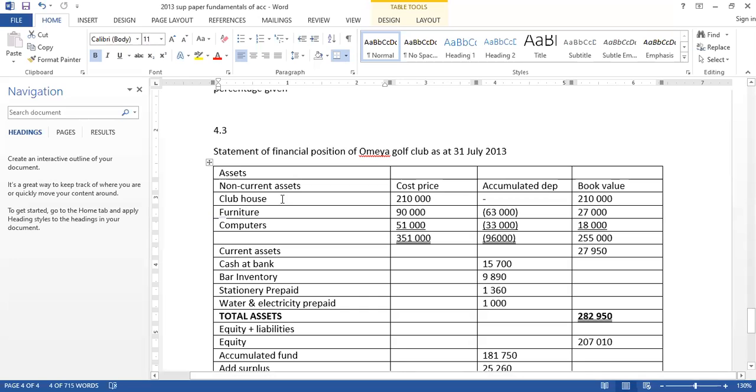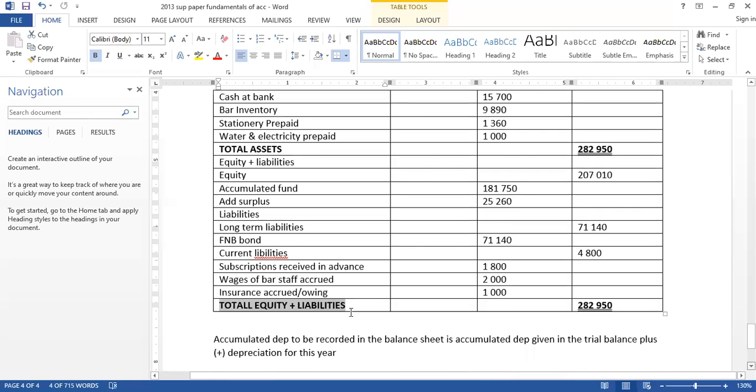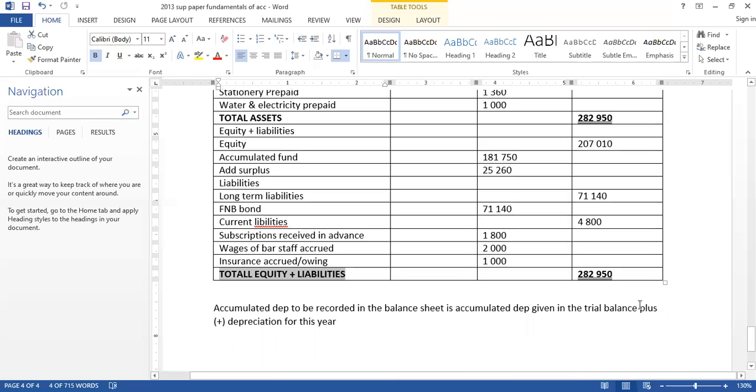And then we move on to our furniture. Furniture is another non-current asset, and this one depreciates. So the cost price was 90,000, and the accumulated depreciation that we record in the statement of financial position is the accumulated depreciation that you are given in the trial balance, and then you add the depreciation that you calculated for this year.